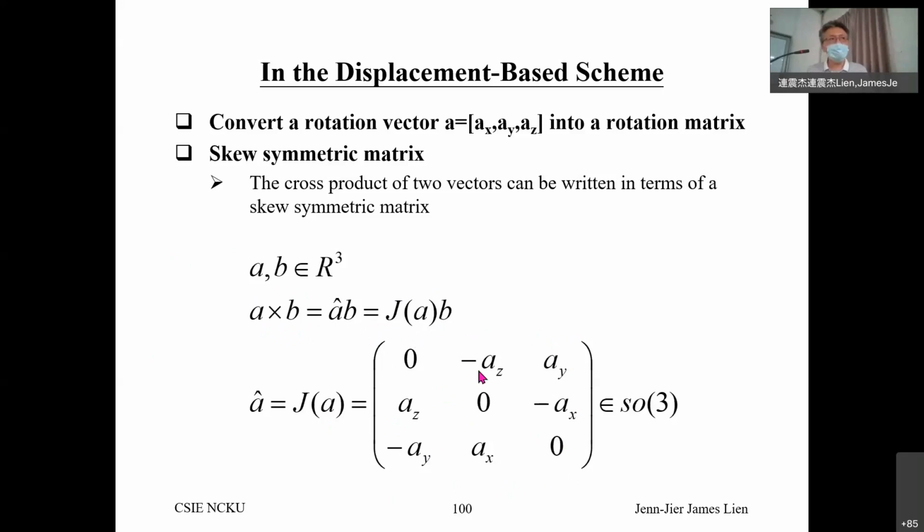That means actually it's a cross product, but they use inner product format to process it. 这本来是 this is a vector ax ay az, this is a vector bx by bz.